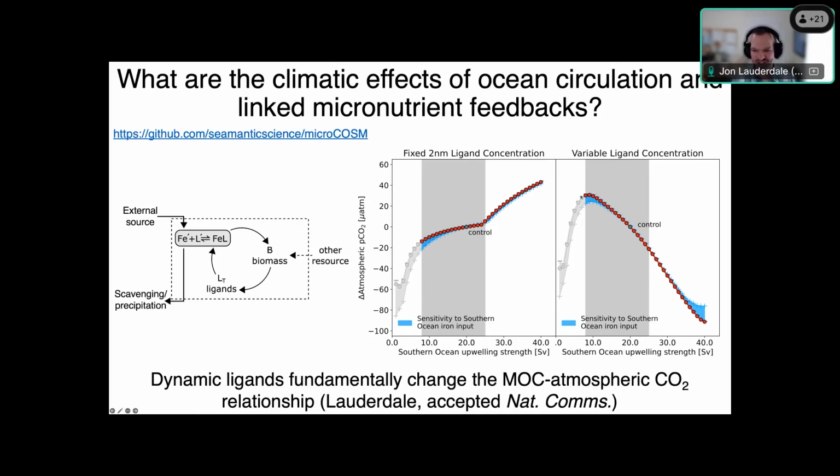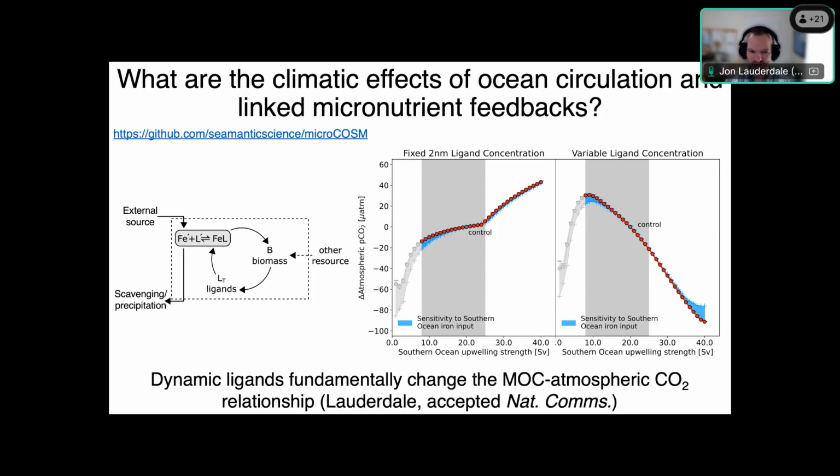And the reverse occurs when you decrease the supply of nutrients, which decreases the amount of biomass produced, decreases the quantity and availability of ligands, which reduces the amount of iron that's protected from scavenging, which carries on this feedback loop. In this state, there's global iron limitation because ligand concentrations are very small, and you get generalized outgassing, which really dynamically changes the relationship between ocean circulation and atmospheric CO2.